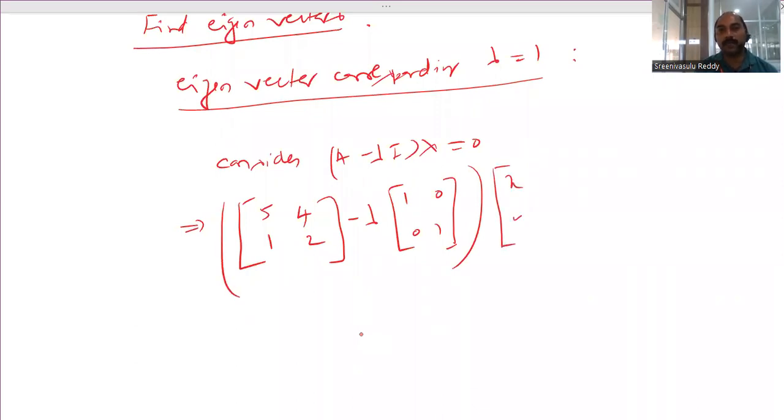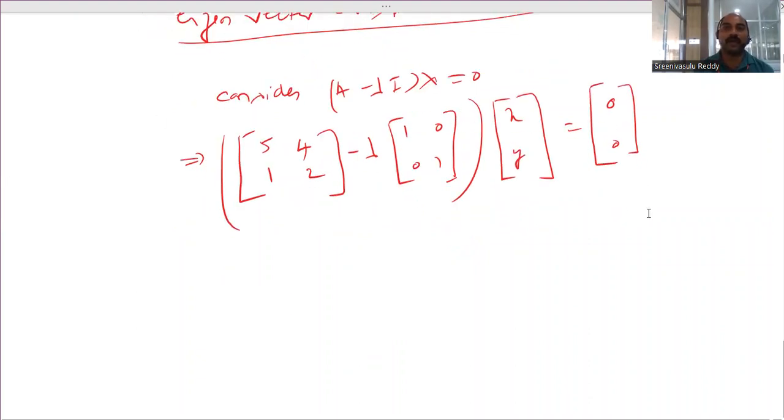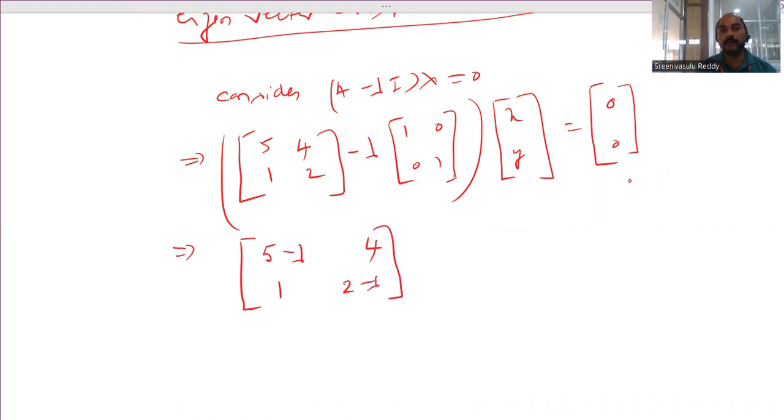It is a 2 by 2 resultant matrix, so take x and y, or x1 x2, as you wish. The right hand side 0 is not a single 0, it is a 0 matrix. After simplification, the sum of the matrices, we get 5 minus lambda, 4, 1, 2 minus lambda times x, y equal to 0, 0.